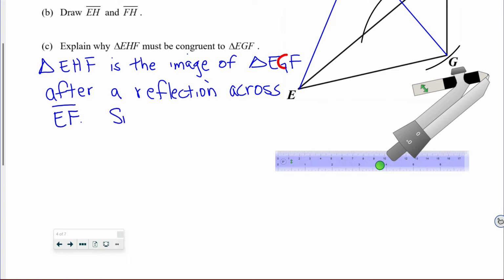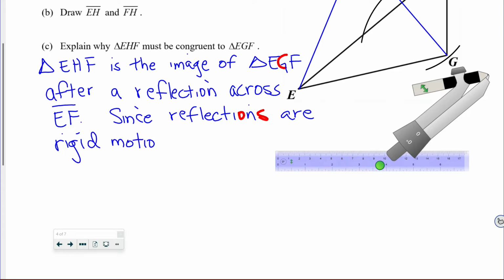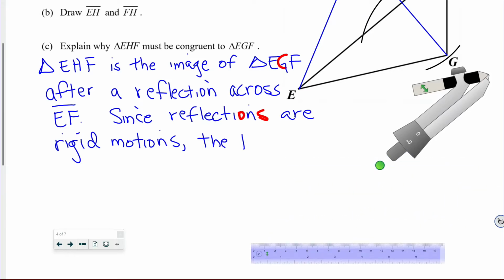And let me throw this in. Since reflections are rigid motions, the two triangles must be congruent.